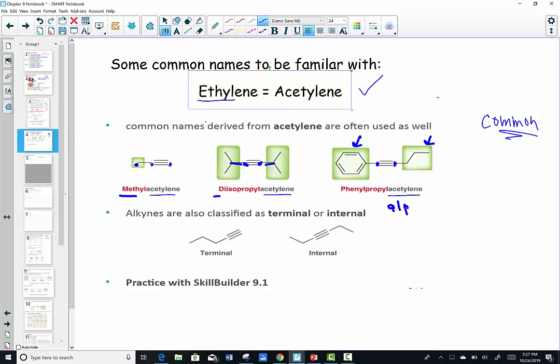Notice that they alphabetize. And so that is phenyl propyl acetylene. Let's just really focus and say those are common names not used in IUPAC. You will be asked in this chapter to write a standardized name from the IUPAC system, a systematic name from the International Union of Pure and Applied Chemistry.